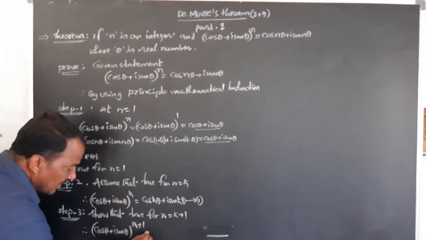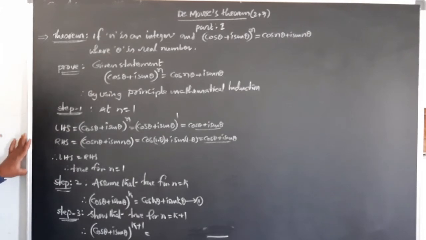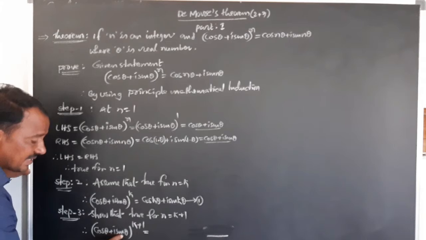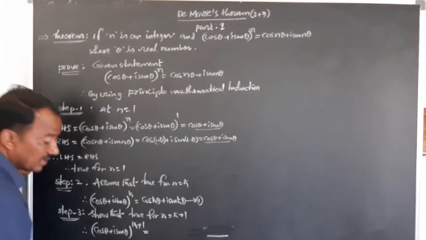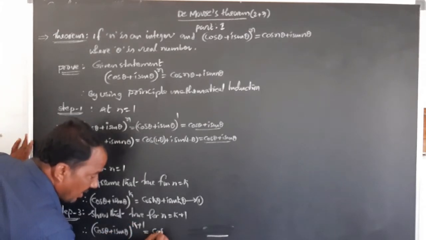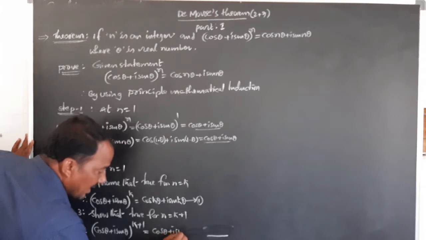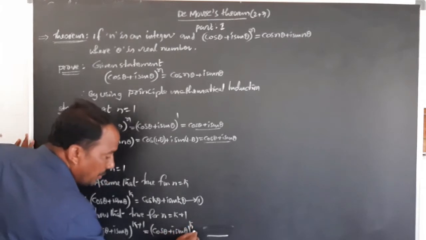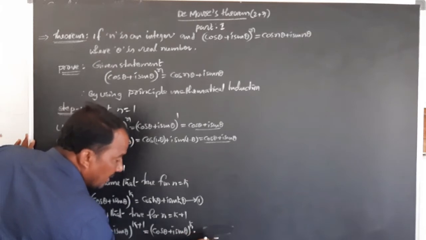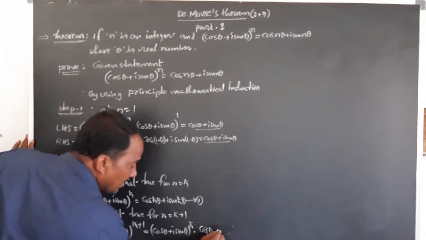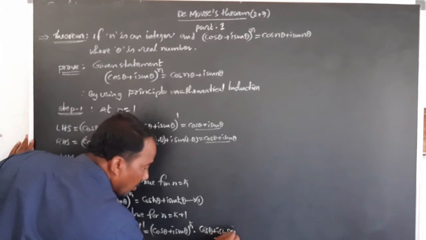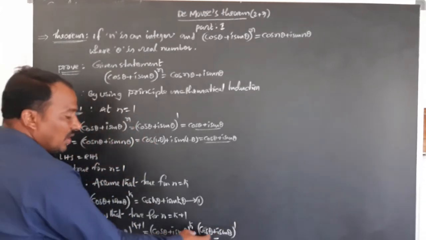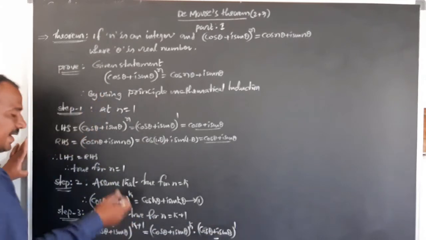Simplify this: (cos theta plus i sin theta) power k plus 1 is (cos theta plus i sin theta) whole power k into (cos theta plus i sin theta) whole power 1. So the bases are equal, the powers should be added.